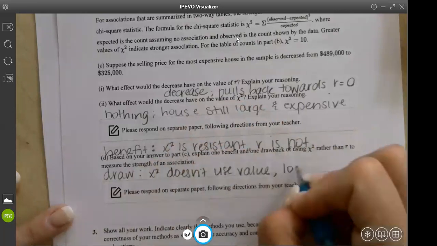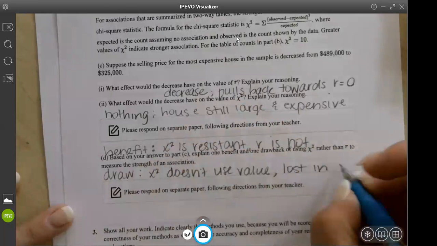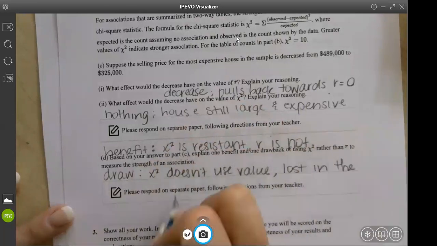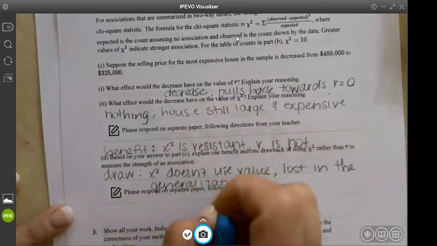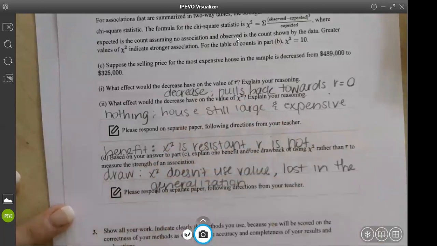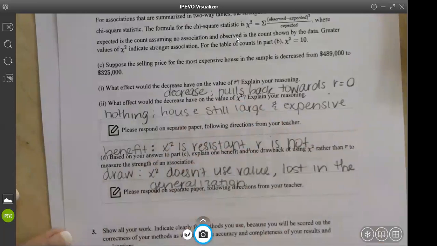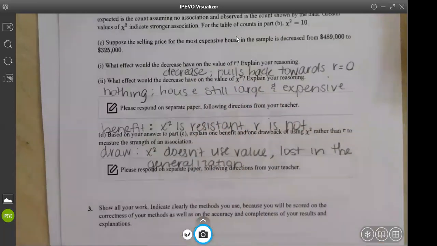That is lost in the generalization. Okay, so chi-squared doesn't use that value, so it's lost in the generalization. So that house could be way more expensive than every other house on there, but we'd never know because it's just big and expensive. That's all we know.